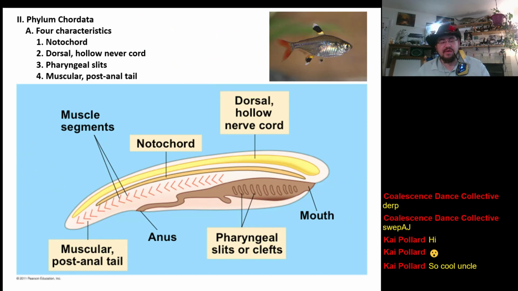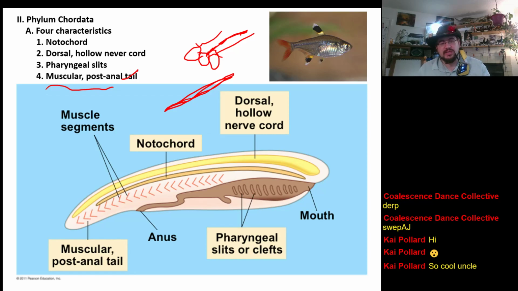So, finally, we have a muscular post-anal tail. If you think about a crustacean, like a lobster, here's some fins at the tail, right? The anus goes all the way to the tip of the tail. If you have an invertebrate and they have a tail, the anus ends at the tip of the tail.